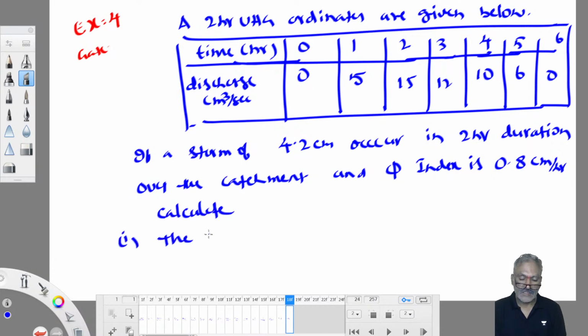The maximum discharge of the resulting direct runoff hydrograph. Maximum discharge means peak ordinate only.